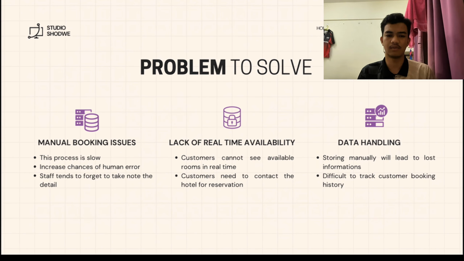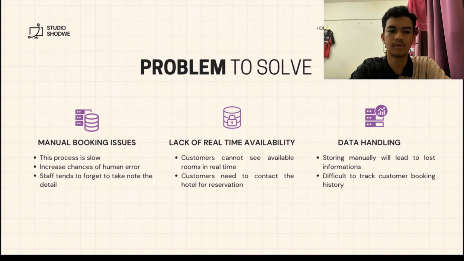Before we developed our hotel booking system, there were a few problems that we faced. So we want to solve them by developing our new system. First of all, we tend to face manual booking issues.